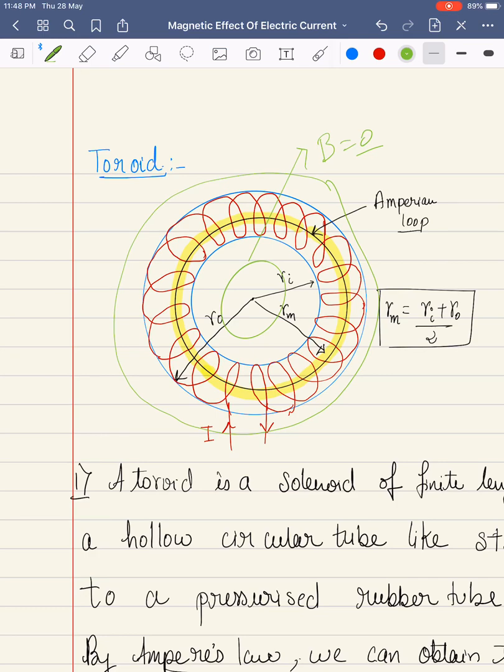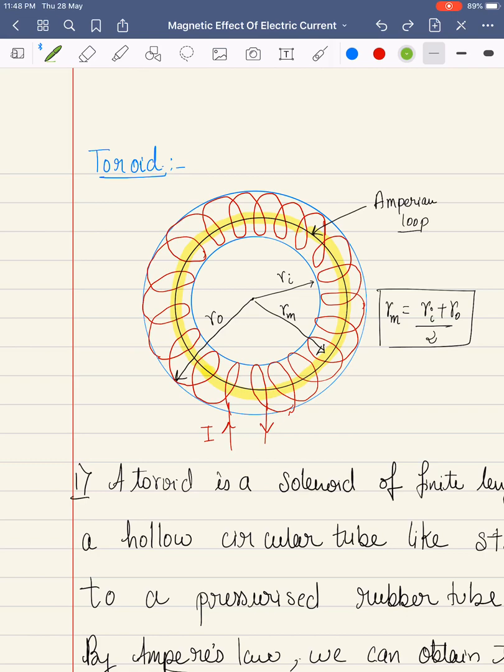Okay, that's why we have considered the Amperian loop only along the axis of a toroid, because along the axis of a toroid the magnetic field will remain constant. But the magnetic field will not remain constant across the cross section.